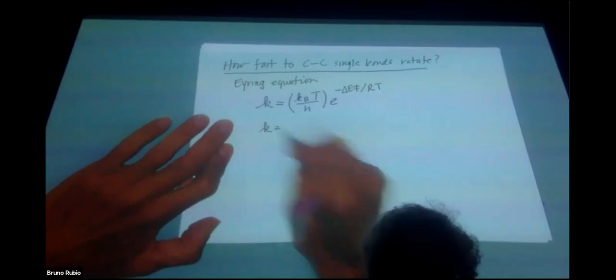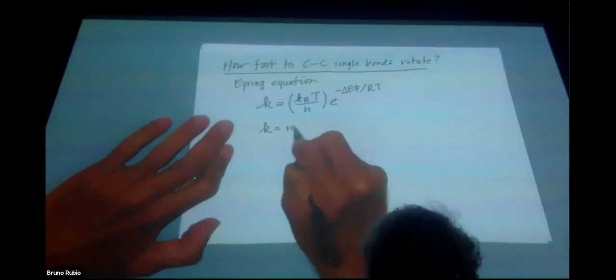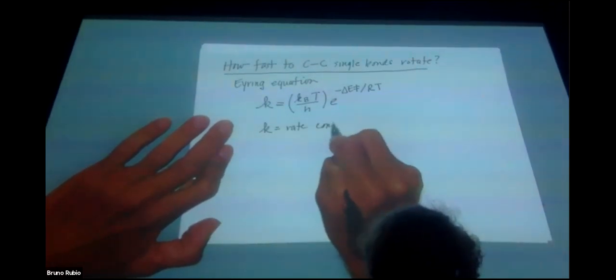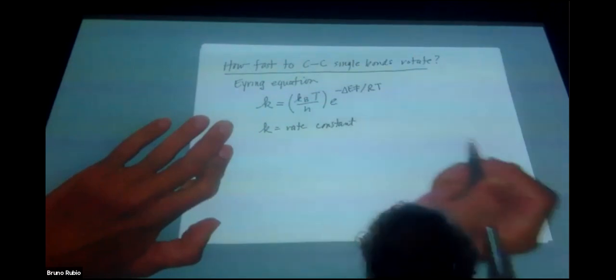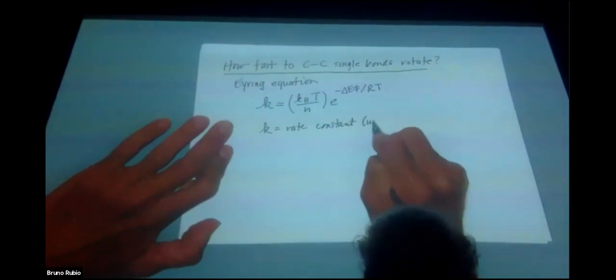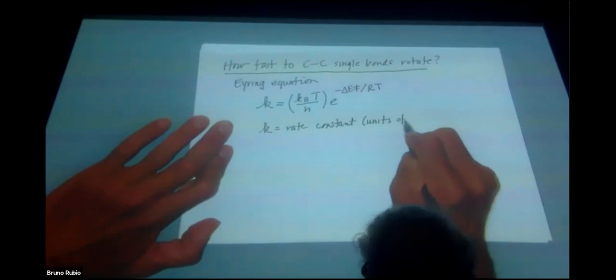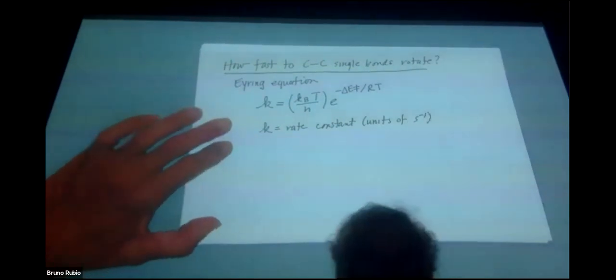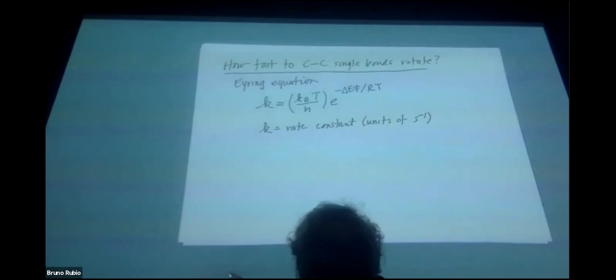Meaning of the symbols. k, that is the rate constant. It's not the rate, it's the rate constant, and this has units of per second, reciprocal seconds. It's like your speed is miles per hour, kilometers per second.